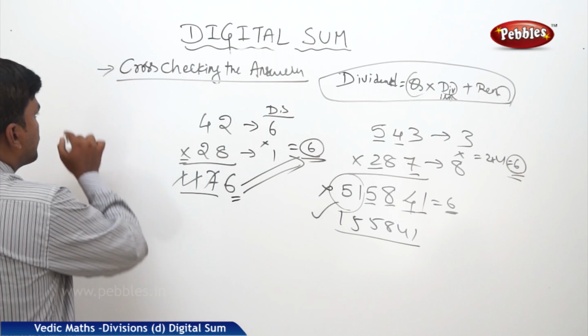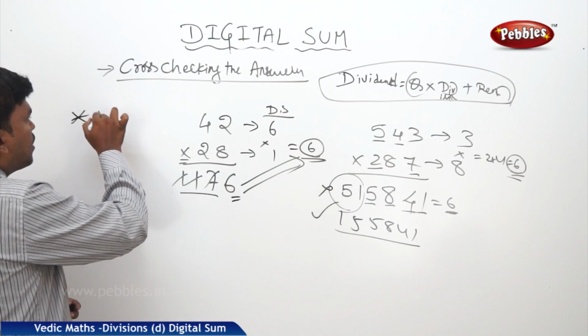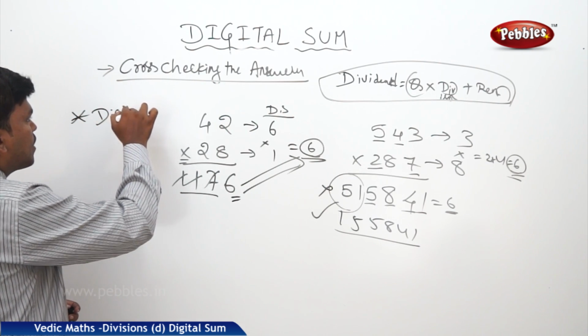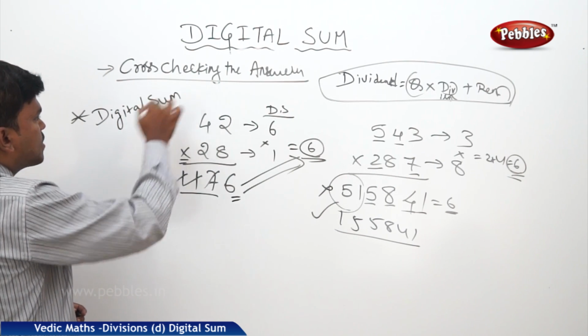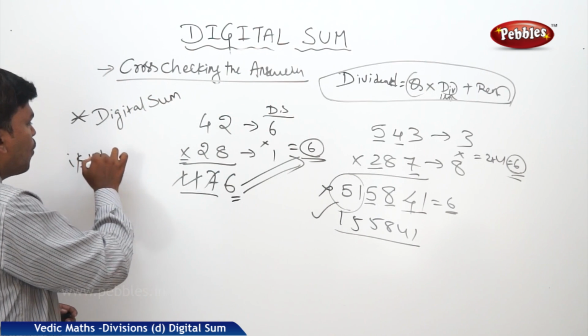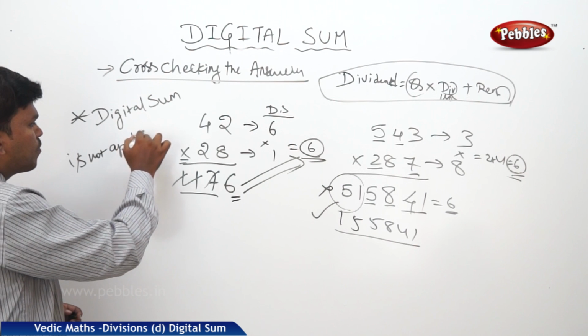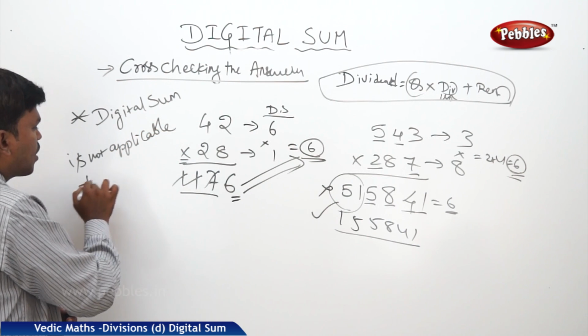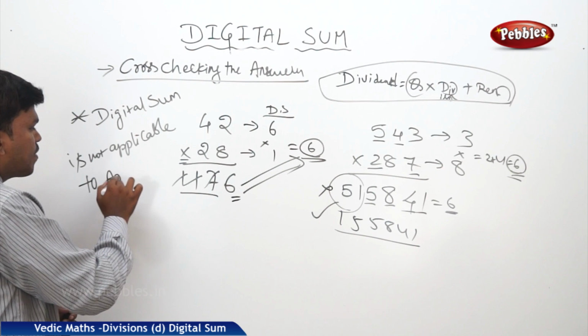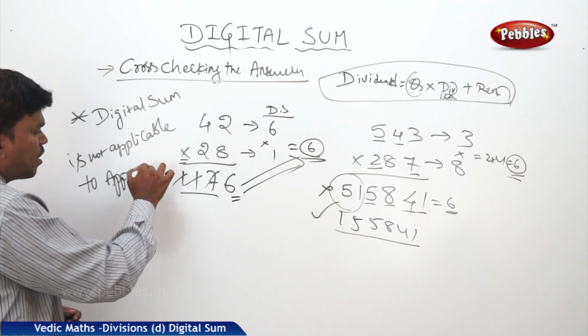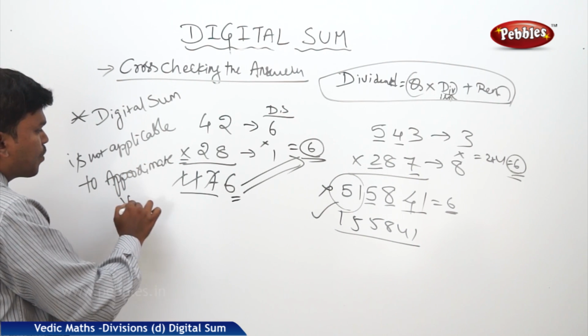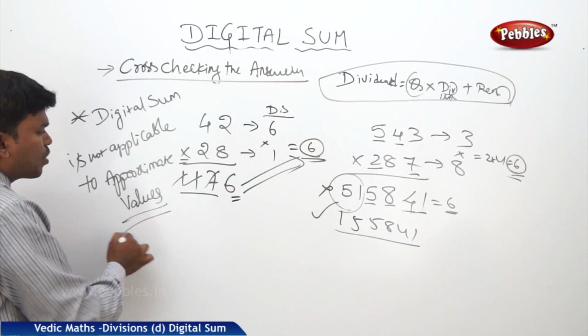One important point: digital sum is not applicable to approximate values. This point you need to remember.